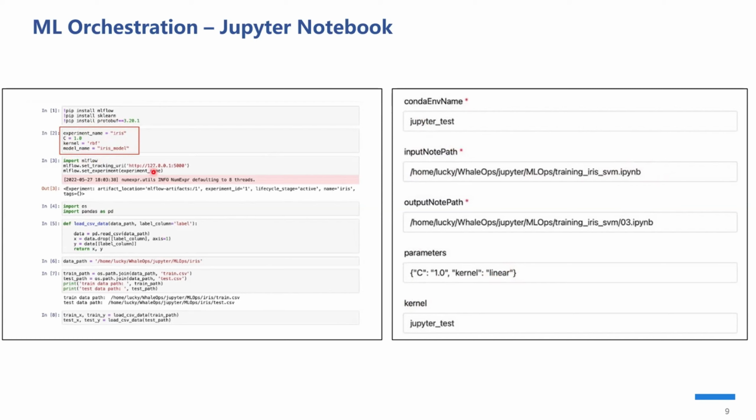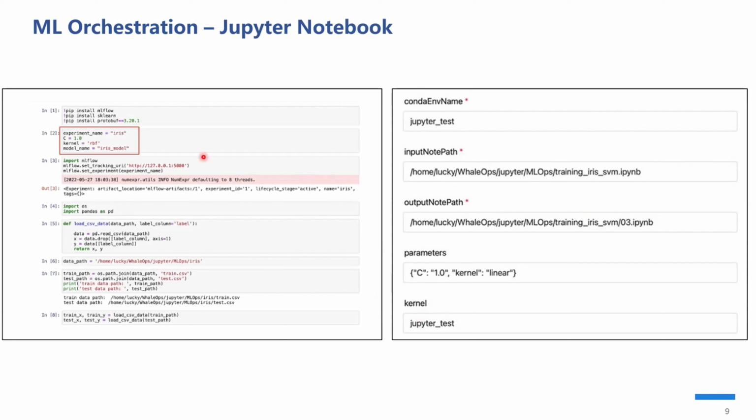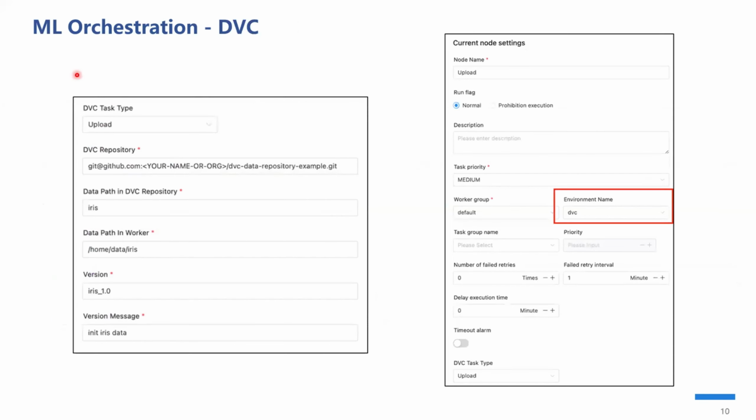If he gives enough parameters, I can run this. And also I want to mention you can depend on the previous job, before or after the Jupyter notebook.